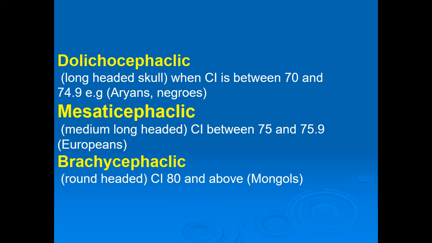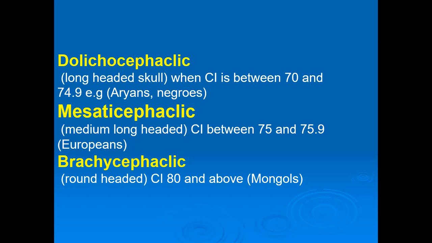Number two category is mesaticephalic, also called medium long-headed. Their cephalic index ranges between 75 and 75.9. Europeans and Asians other than Mongols can be categorized in this category.